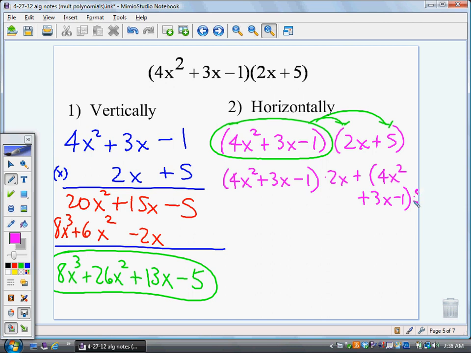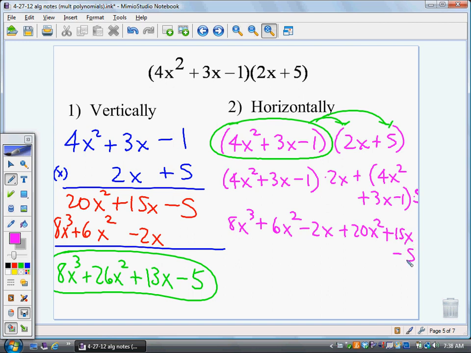Can you see that? And when you multiply, then you can get all the same things. 8x to the third plus 6x squared minus 2x plus 20x squared plus 15x minus 5.